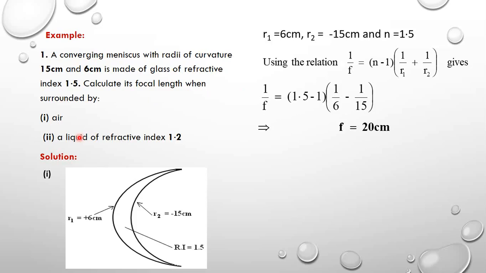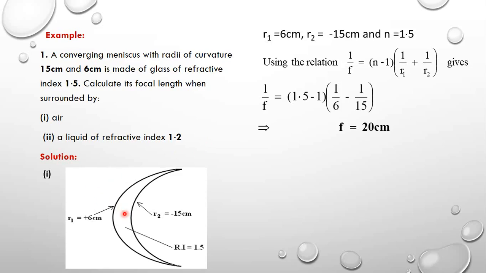Now when it is surrounded by a liquid of refractive index 1.2, here we shall be moving from one medium to another, so we shall use the general equation where 1 over f is equal to (n2 over n1 minus 1) into brackets 1 over R1 plus 1 over R2.